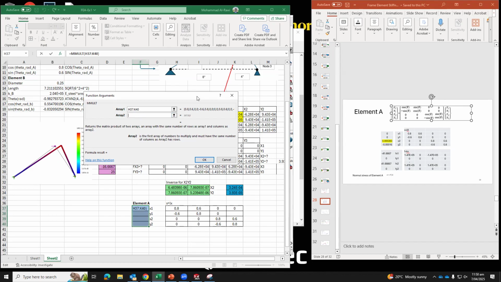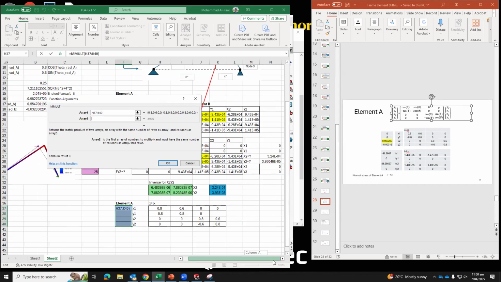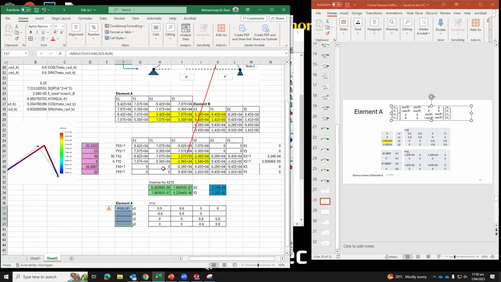We go to our answers here, and we select the X and Y, only these sides, because we're not doing anything related to element B. We select the nodes for element A between 1 and 2, taking into account the effects of element A. So I select these values, and then I will get the value for it.